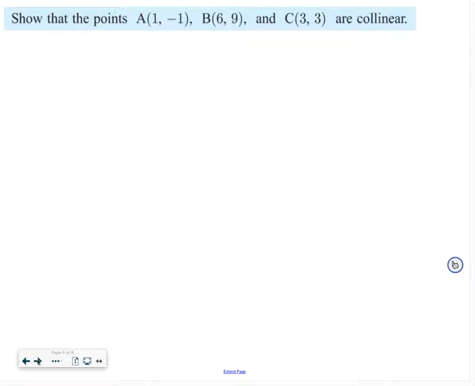So A, B, and C. First thing I want to do is identify my slopes between A and B. So I'm going to do 9 minus negative 1 over 6 minus 1. So 9 minus negative 1 changes to 9 plus 1, so I get 10 over 6 minus 1 is 5.